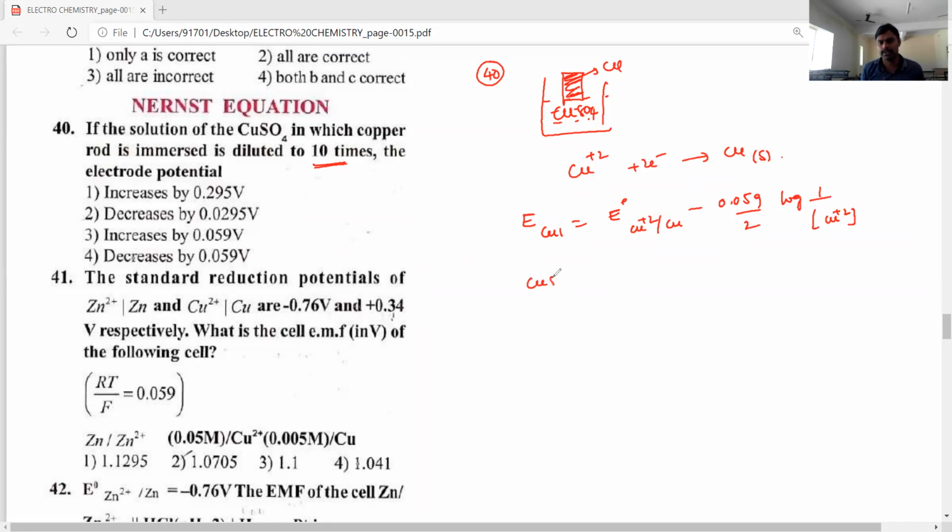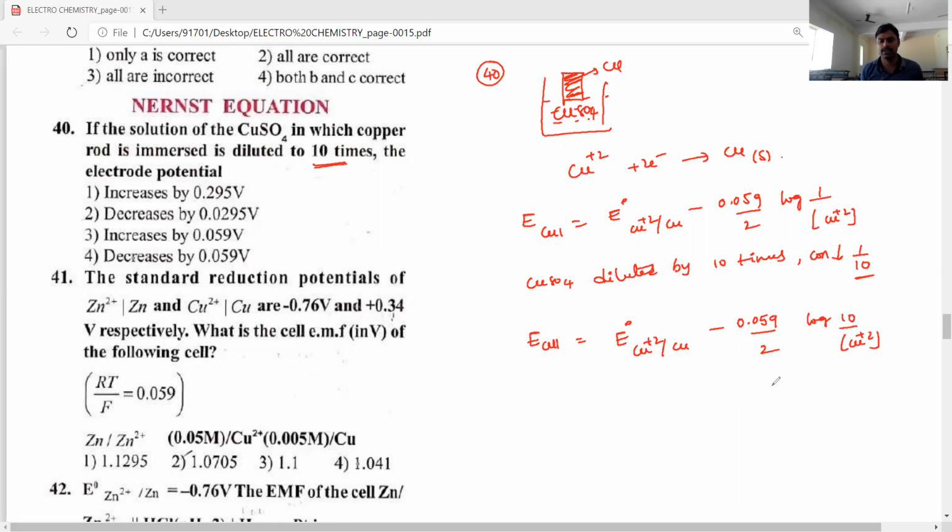Now if copper sulfate solution is diluted by 10 times, diluted by 10 times means concentration is decreased by 10 times, concentration becomes 1 by 10, then the E cell is equal to E0 of copper plus 2 by copper minus 0.059 by 2 into log of 1 by 1 by 10, which is nothing but 10 by copper plus 2. Log 10 value is 1.